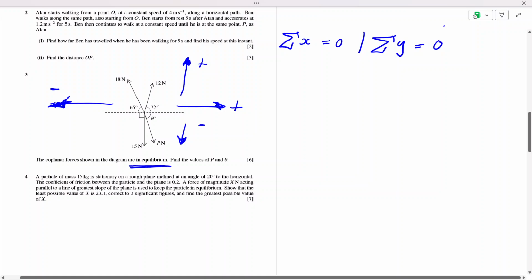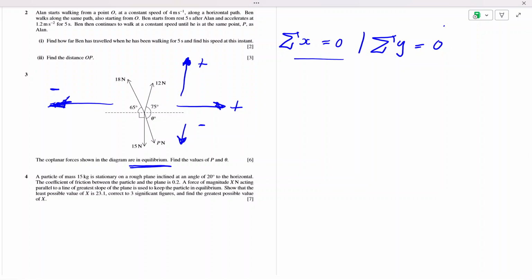Okay. So I'm going to first resolve. First, I'll solve for the summation in the x direction. So I'm going to resolve the 12 Newton force in the x direction. When I resolve that, I'm going to get 12 cos 75, and then I'll also resolve the P Newton force.